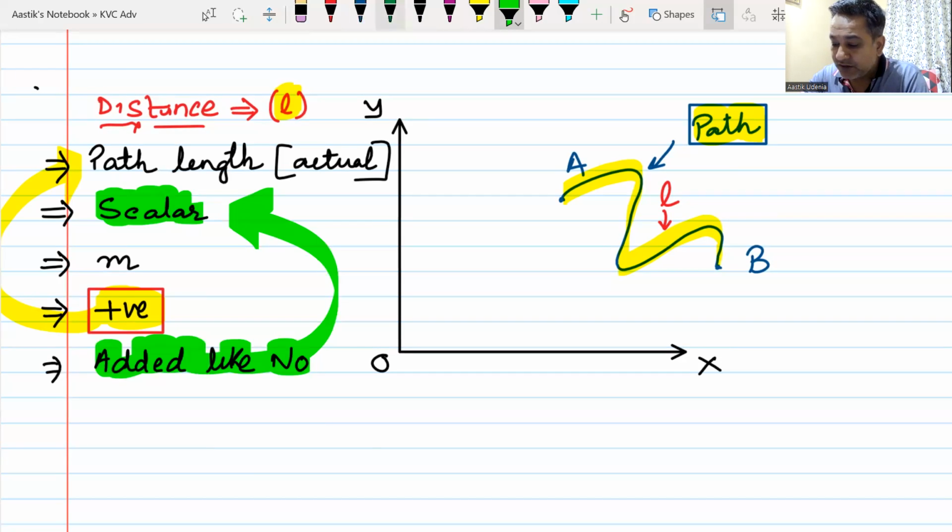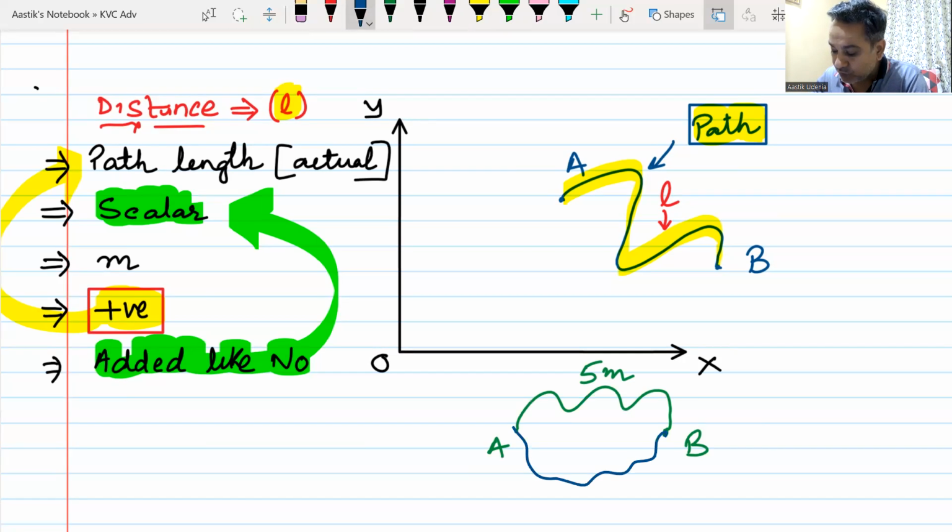So if I go from A to B along this green path and travel a distance of 5 meters, then come back from B to A along this blue path and travel a distance of 2 meters, what is the total distance traveled by this man? The answer is 7. So it can be just added like numbers. Do we understand this? Yes, sir.